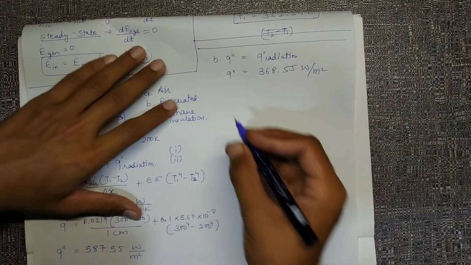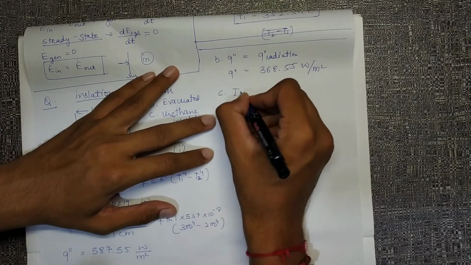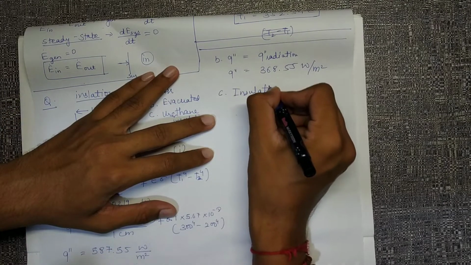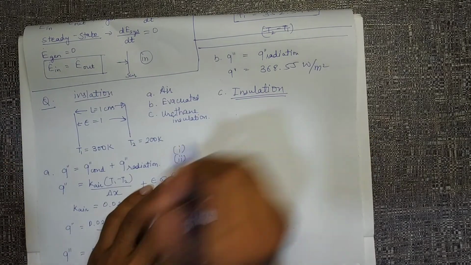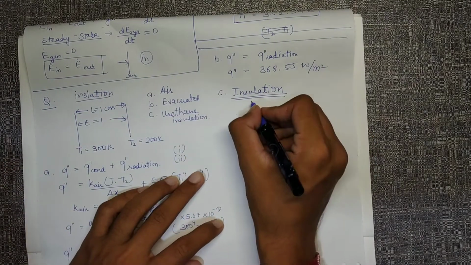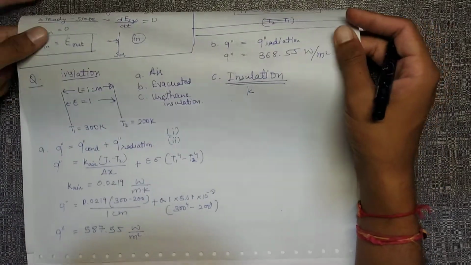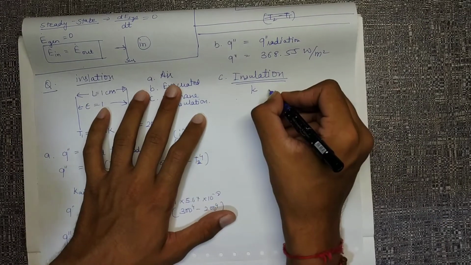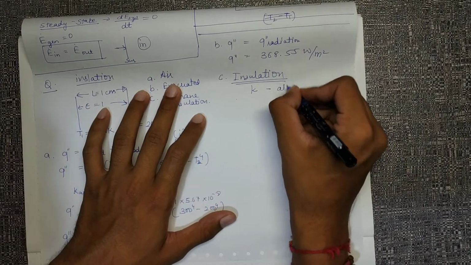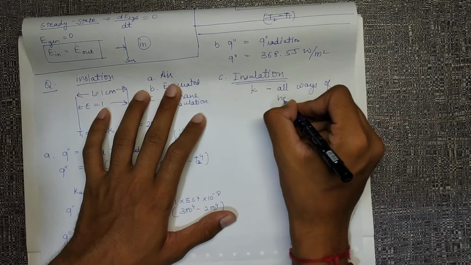Now an interesting thing comes, which is urethane insulation. For any insulation, the k value which is given in any reference, whether a textbook or even in exams if it is given, takes care of all the ways of heat transfer.